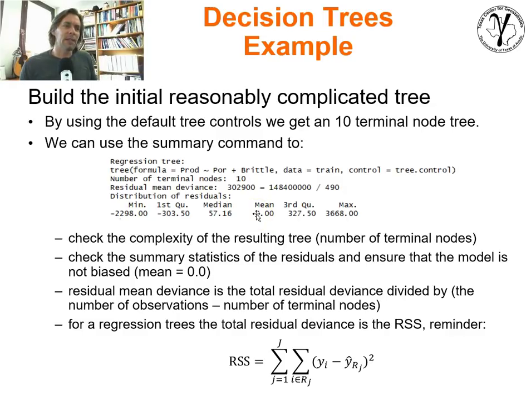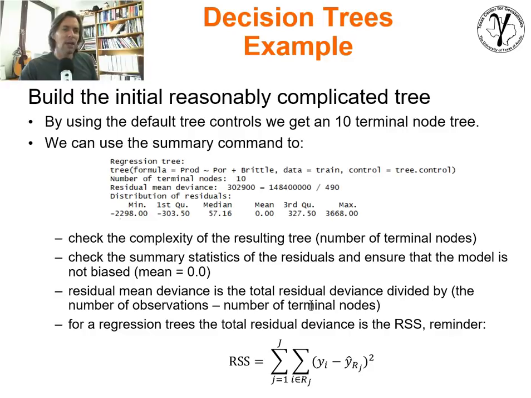And so what do we expect to see? Well, we'd want to see a symmetric error, the mean should be close to 0, indicating that our tree is not biased, and that we want to see the overall range of error, that it's not too large. We could plot up the error distributions too, of course. We can also see the overall quality of the model, reported as residual mean deviance, which is really just the total residual deviance divided by the number of observations minus the number of terminal nodes.